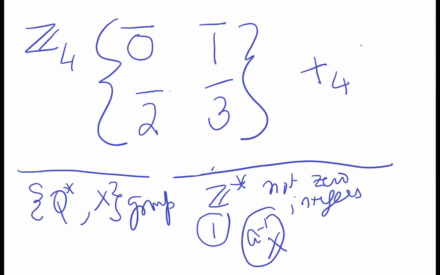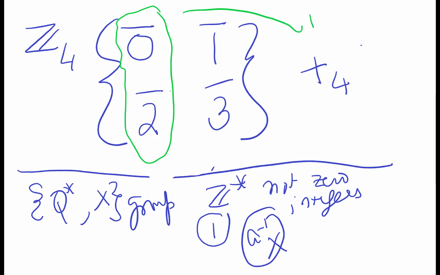If we took only this as a subset, I think we call it H, so this is 0, 2. So we saw that this is a subgroup. It satisfied everything, right?